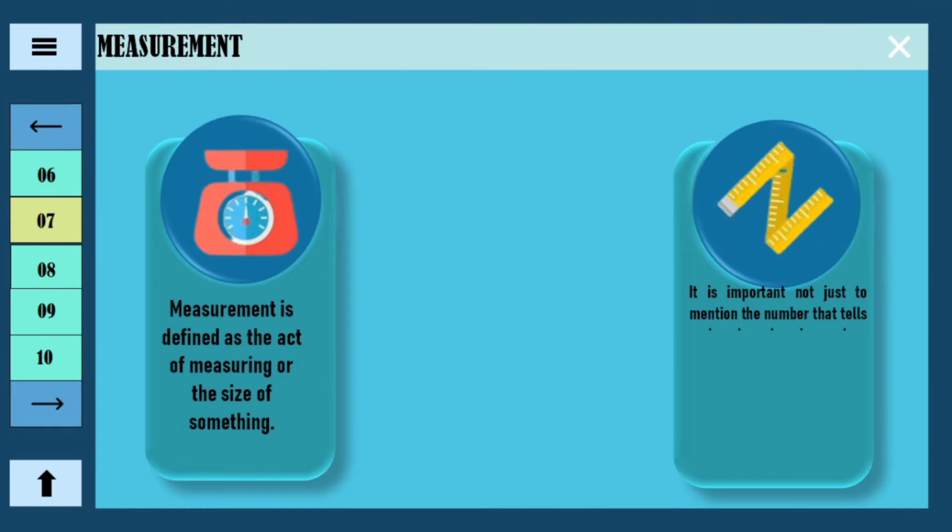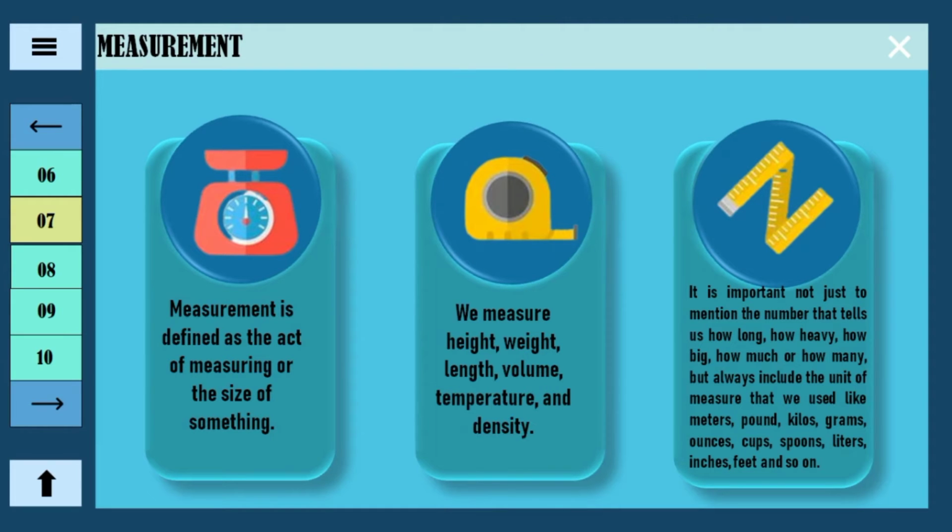Measurement is defined as the act of measuring or the size of something. We measure height, weight, length, volume, temperature, and density. Remember, class, that when we measure, we use numbers. We ask how much, how many, what size, and how long, and we need the answers to be in numbers.